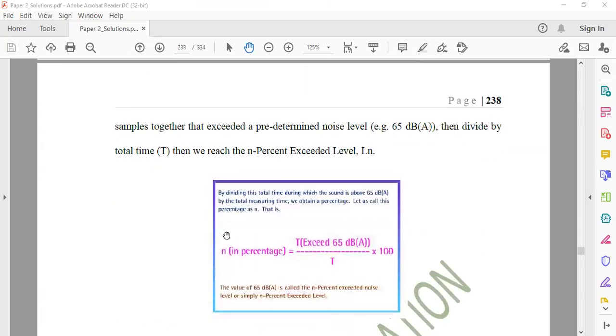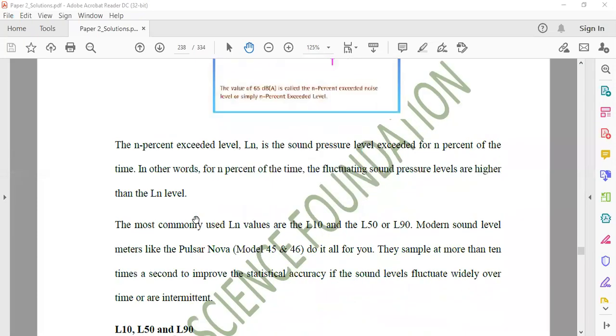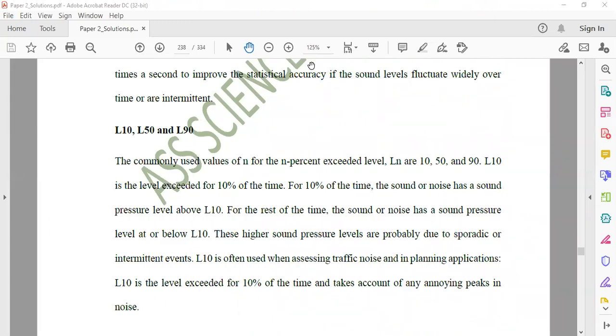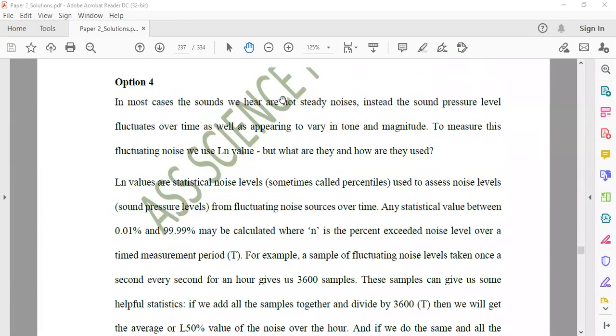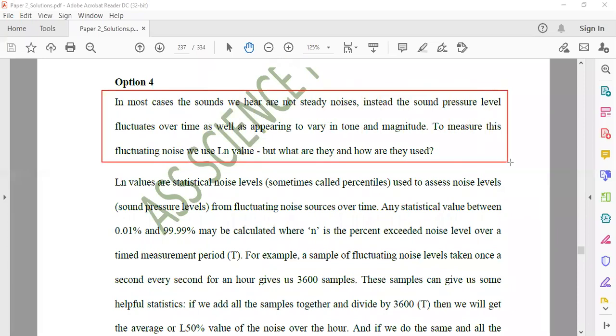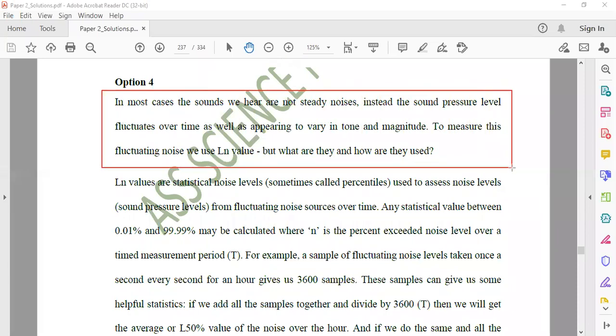Yeah, you can see here that we have mentioned: in most cases the sounds we hear are not steady noise. Instead the sound pressure level fluctuates over time, as well as appearing to vary in tone and magnitude.